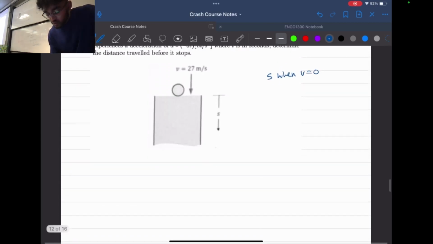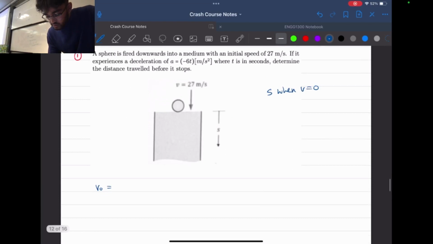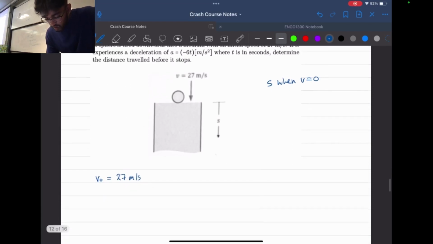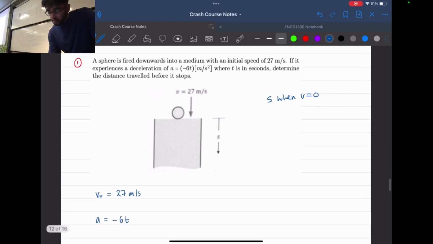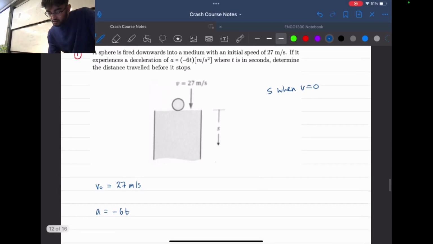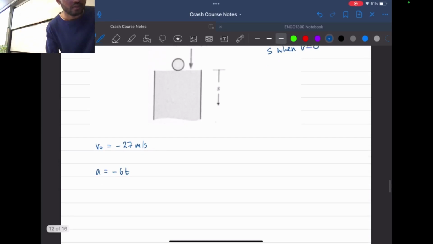So a few things we're going to point down. V0 is equal to 27 meters per second. A is equal to minus 6t. And that's all they've given us. V0 should be negative, by the way, because it's pointing in the negative direction.